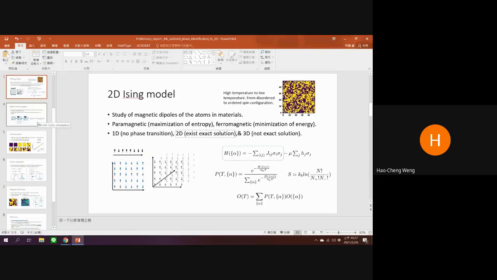Yes, we can try it. But why is it not part of your original plan? I'm just curious. In fact, we haven't considered the entropy because we just found that it can also be considered in this model. So we will add it into our consideration. All right, thank you.